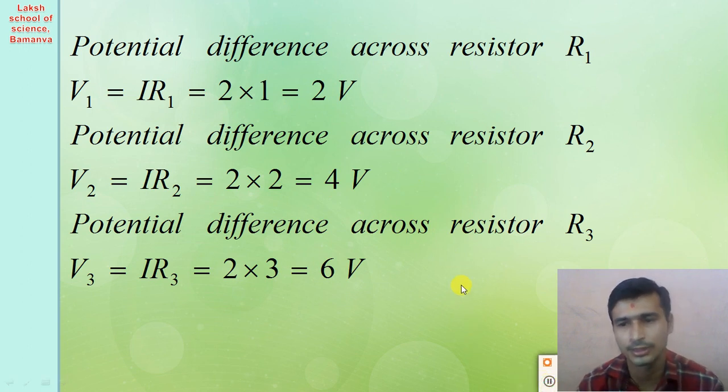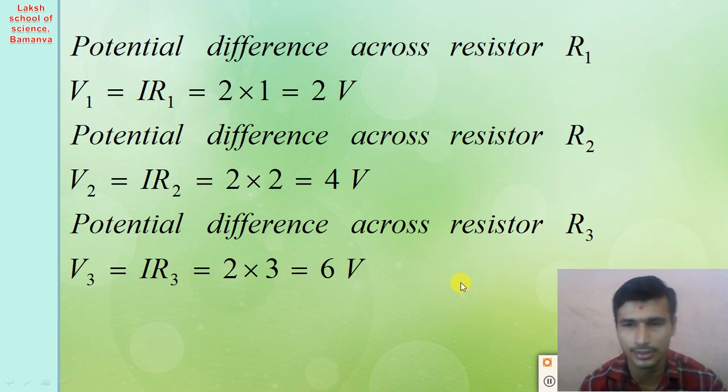So dear students, this way we calculate the total resistance of the circuit in a series combination of resistors, the current passing through each resistor and the potential difference across each resistor for any value of the resistance, right? Similarly, you can calculate any example for any value.